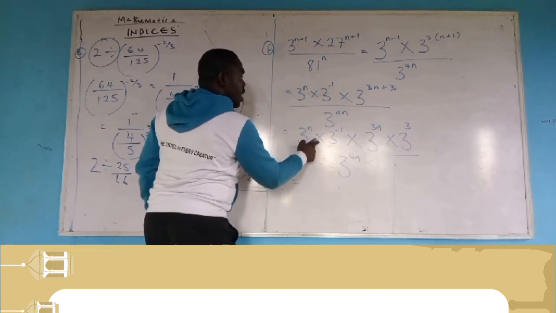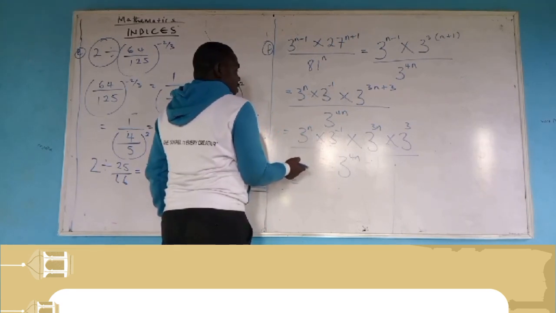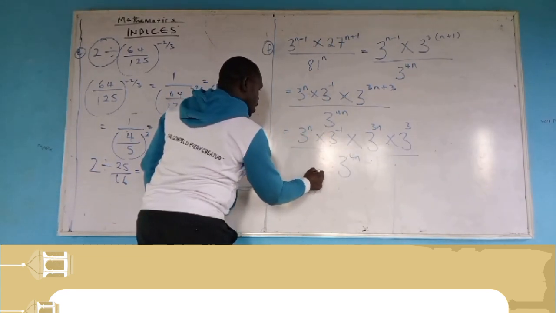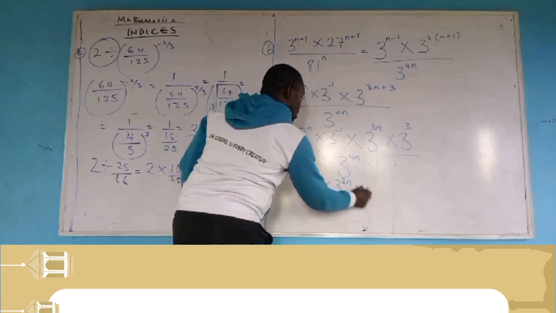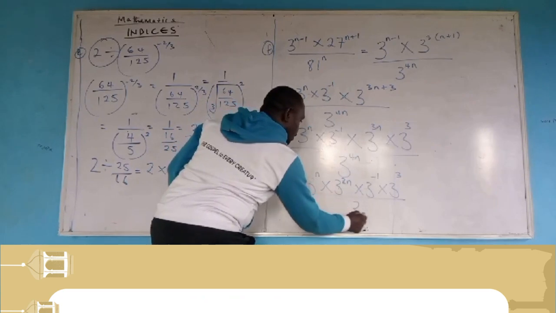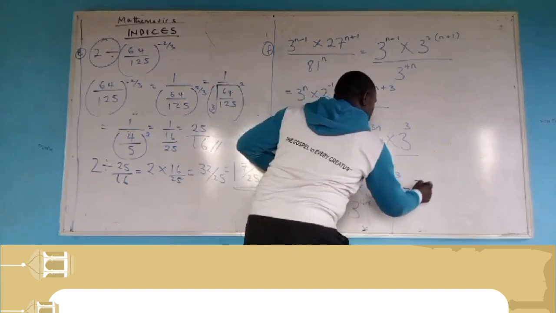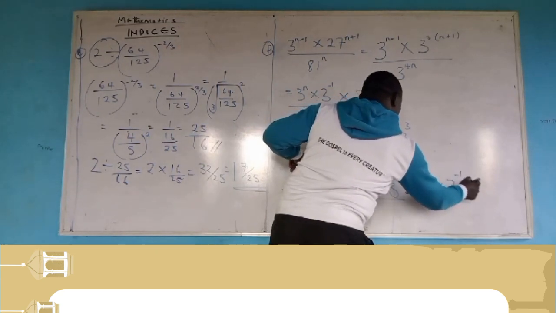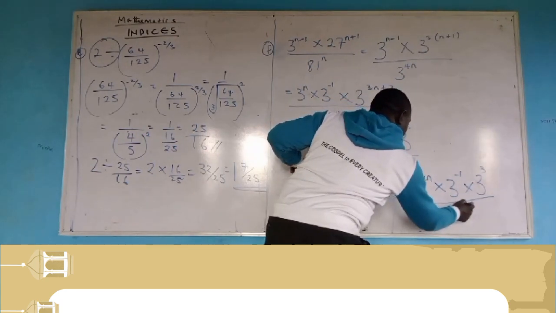So from here, I will ask myself what is common. So you can see what's happening here. This plus this. So I will have 3 raised to power n times 3 raised to power minus 1 times 3 raised to power 3 over 3 raised to power 4n. This is the same thing as 3 raised to power 4n, 3 raised to power minus 1, and 3 raised to power 3 over 3 raised to power 4n.